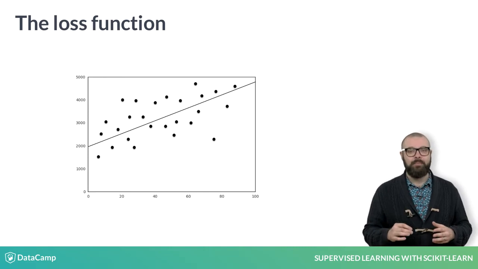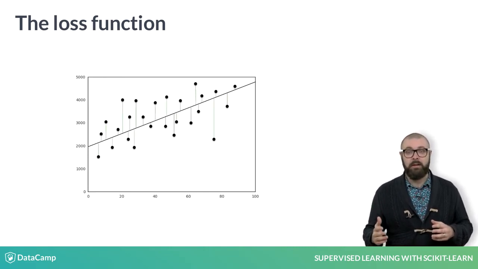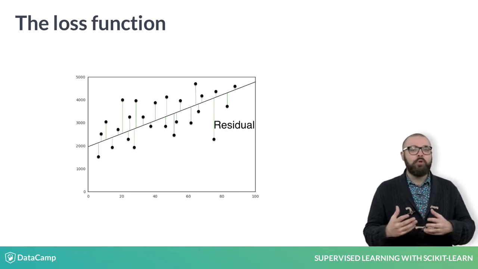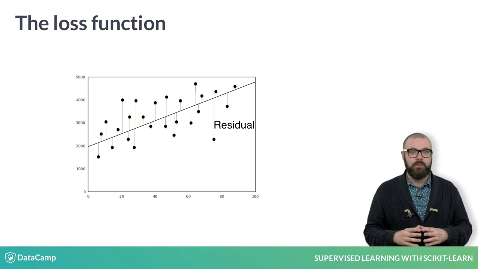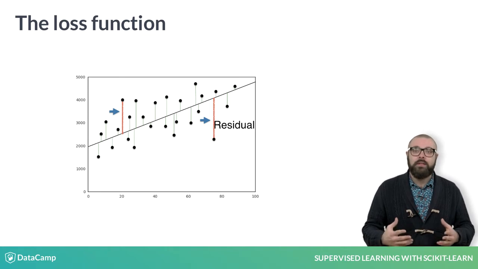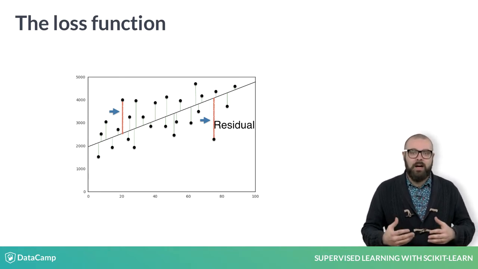So for each data point, we calculate the vertical distance between it and the line. This distance is called a residual. Now, we could try to minimize the sum of the residuals, but then a large positive residual would cancel out a large negative residual. For this reason, we minimize the sum of the squares of the residuals.